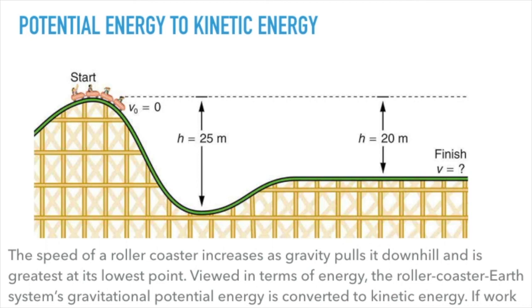Okay, so at each of these points, I might have some kinetic energy and I might have some gravitational potential energy, and that's it. So at point 1, I'll have kinetic energy at point 1 plus potential energy due to gravity at point 1.